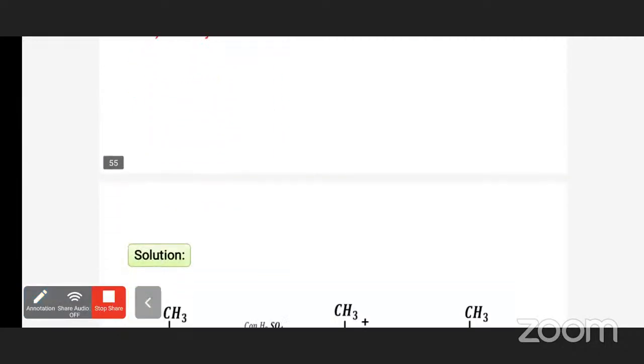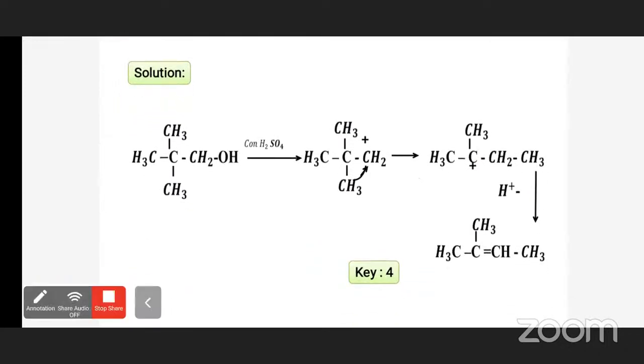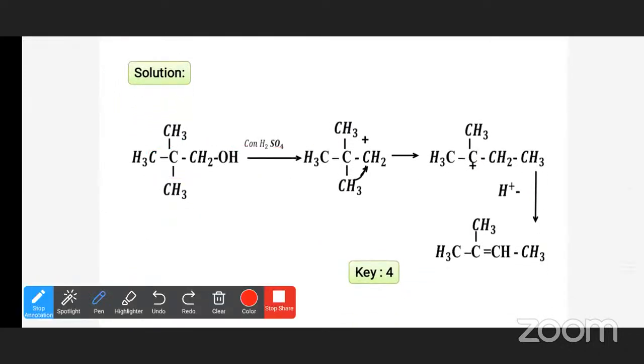So here, this is neopentyl alcohol, reacting with concentrated H2SO4. Elimination of H2O, CH2 plus.